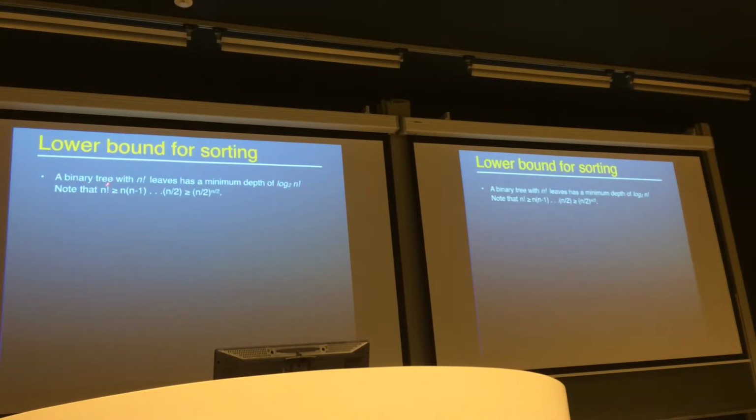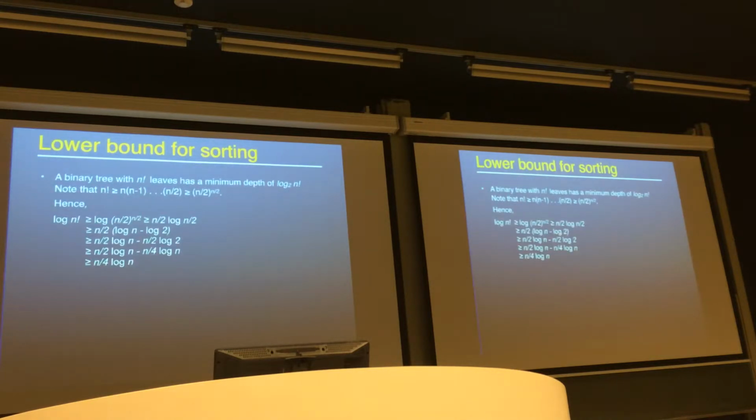So we know that n factorial is at least as large as n divided by 2 to the power n divided by 2. So you get rid of the factorial by expressing it as a power. Well, then it's easy to see that log n factorial is at least as large as log of n divided by 2 to the power n divided by 2, what we just derived.